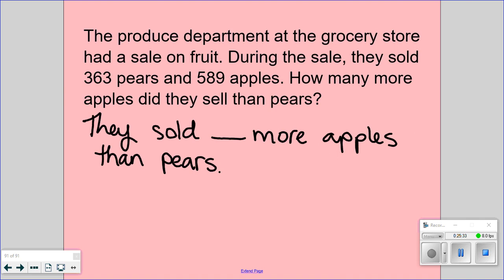It's a blank because what's going to go there? A number. A number goes there. We just don't know that number yet. We've read the problem. We've written our answer sentence. What comes next?